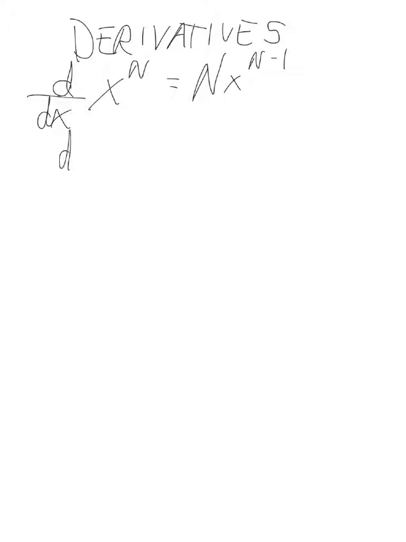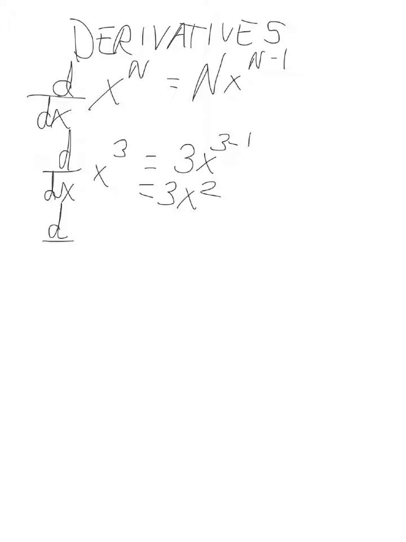For instance, if you have the derivative of x cubed, you'll pull the 3 down front, and then that's times x to the 3 minus 1, or 3 times x squared. Okay, another one that comes up a lot, if you take the derivative of a constant, we'll just call it k, that's 0.